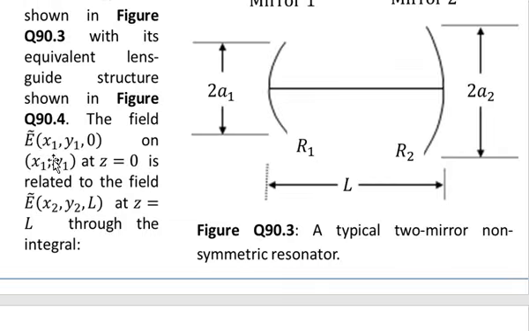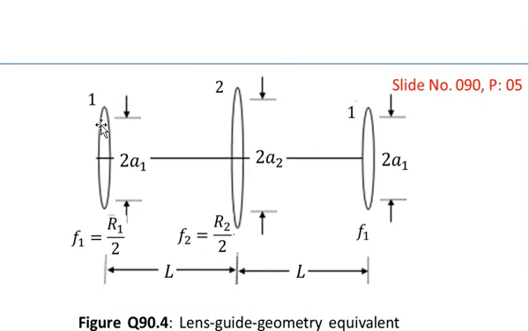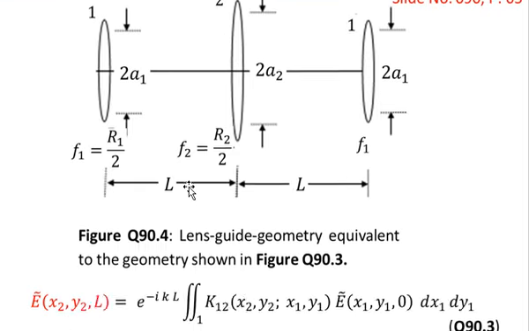The field E prime of x1, y1, 0 on the x1, y1 plane at z equal to 0 is related to the field E prime of x2, y2, L at z equal to capital L through the integral. So from point 1 to point 2 we can calculate the integral, which is given by this.